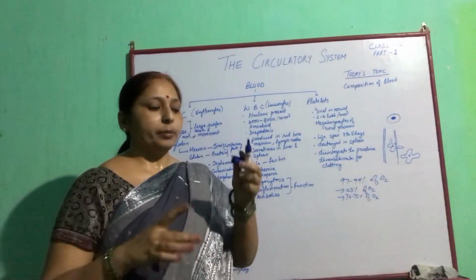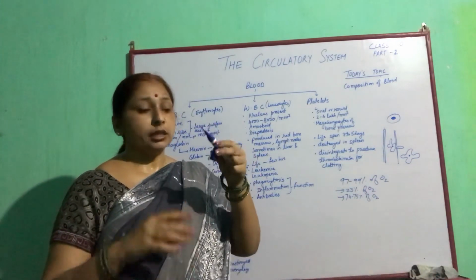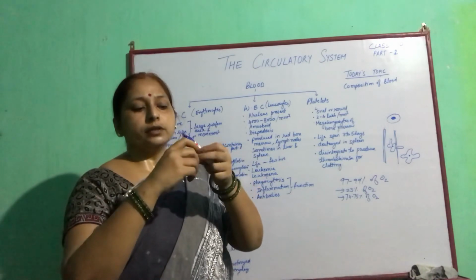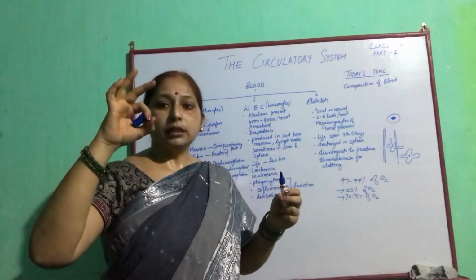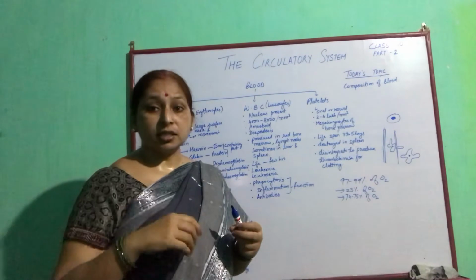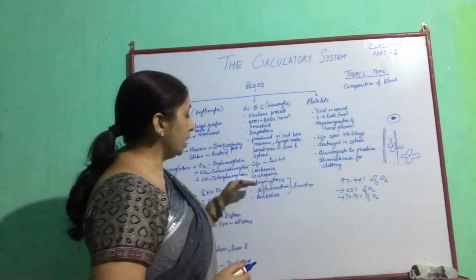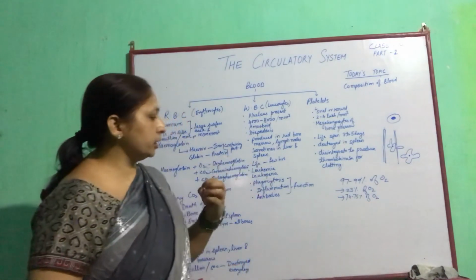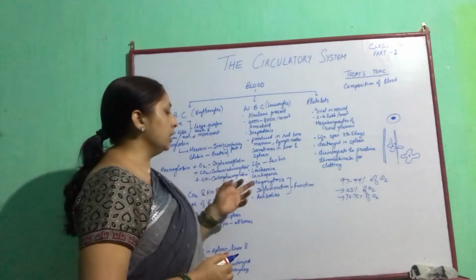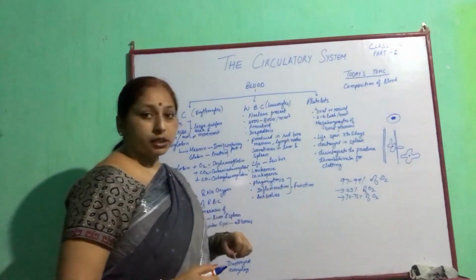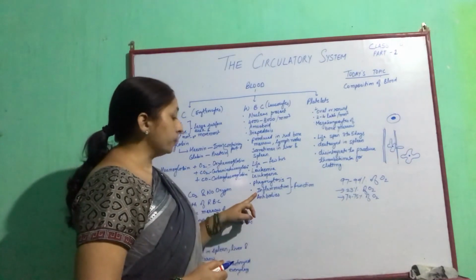It shows the amoeboid movement. Suppose this is a foreign agent, it engulfs this foreign particle with the amoeboid movement and digests it. So phagocytosis is engulfing the foreign particle or bacteria to fight against the disease causing agent.